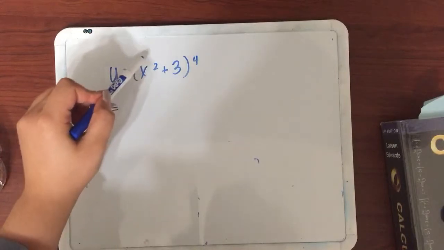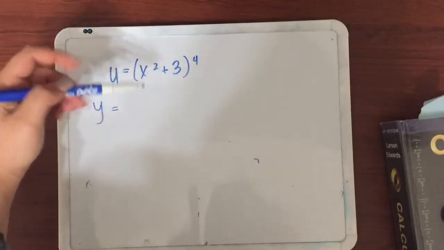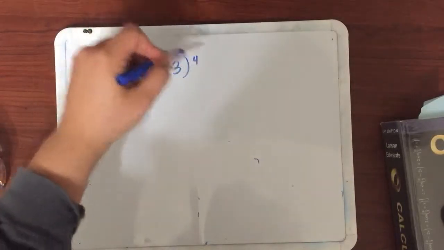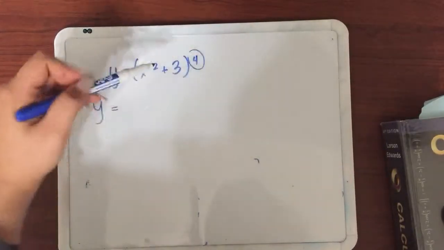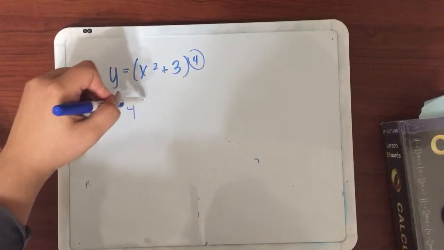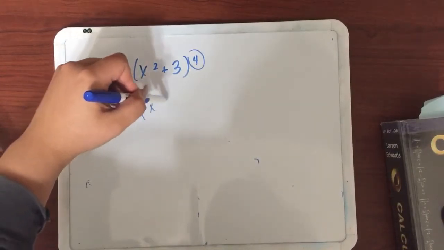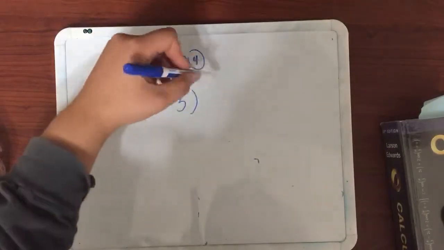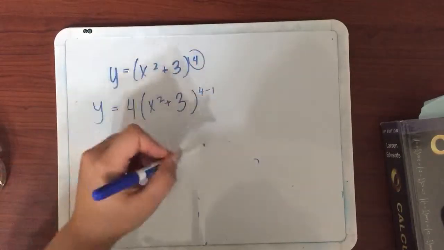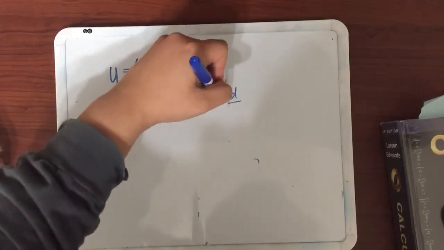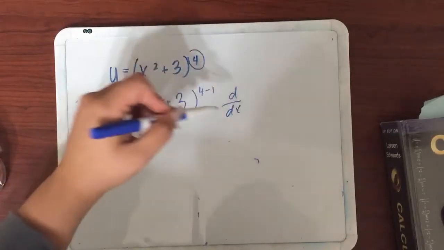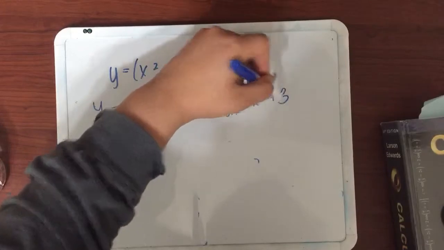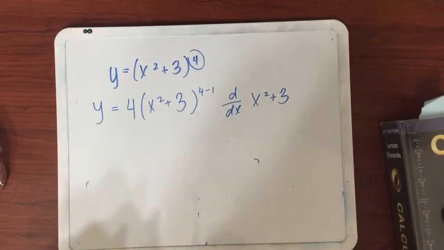Actually, we're not going to do anything to the x squared plus 3 at first. So let's just work on the outside function. Let's work on this power right here. So we're going to take 4 outside, and we're going to do x squared plus 3 to the 4 minus 1. And then we're going to take the derivative of x squared plus 3.